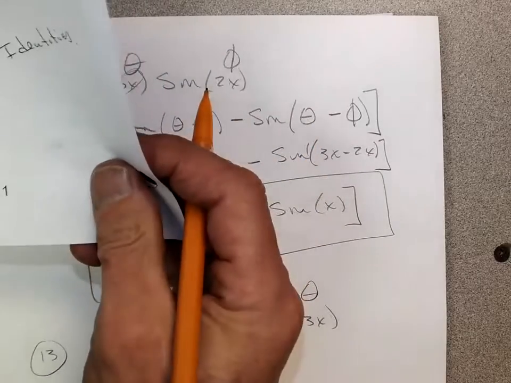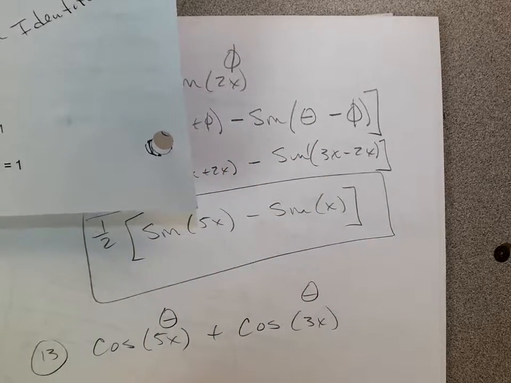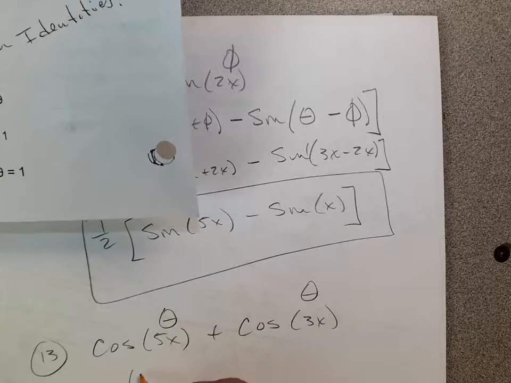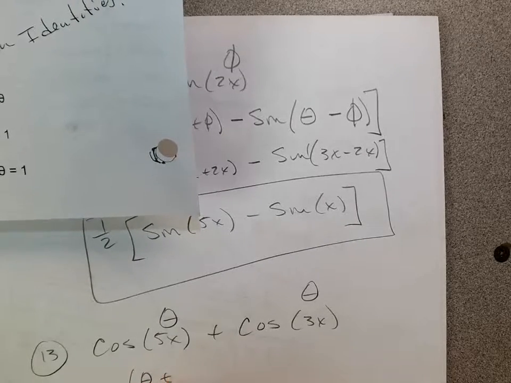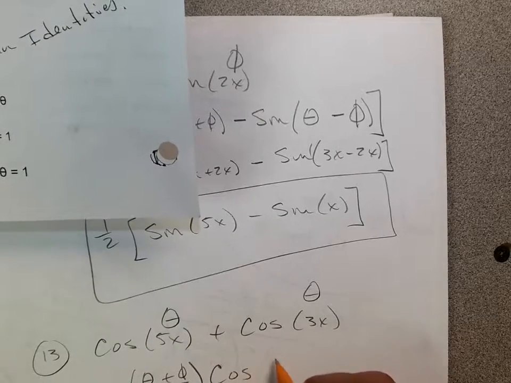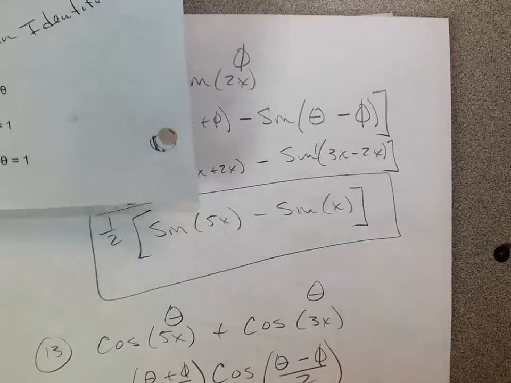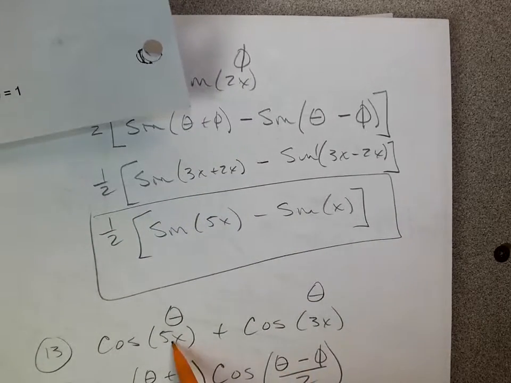Let me write it in terms of theta and phi. My formula says we're going to write it as 2 times cosine of theta plus phi over 2 times cosine of theta minus phi over 2. That's my theta, that's my phi.